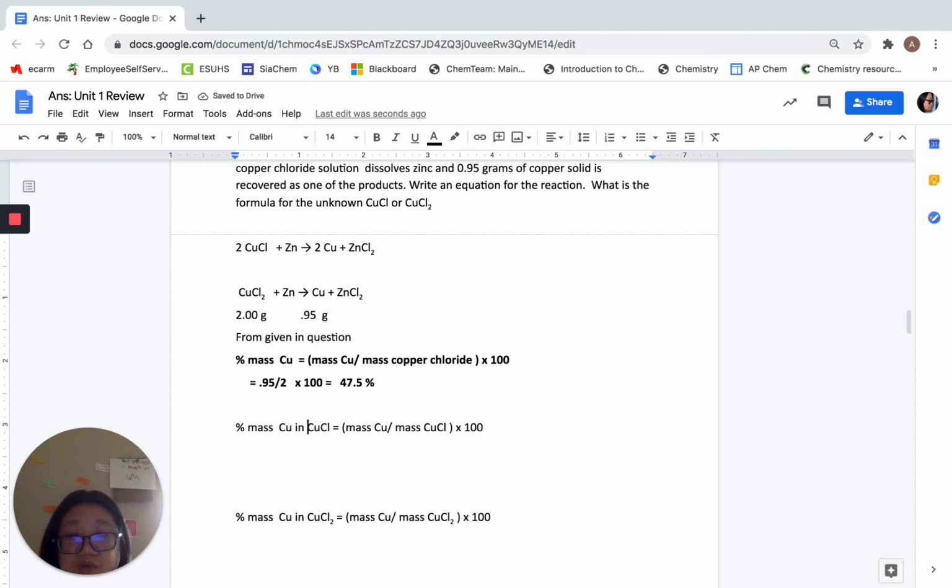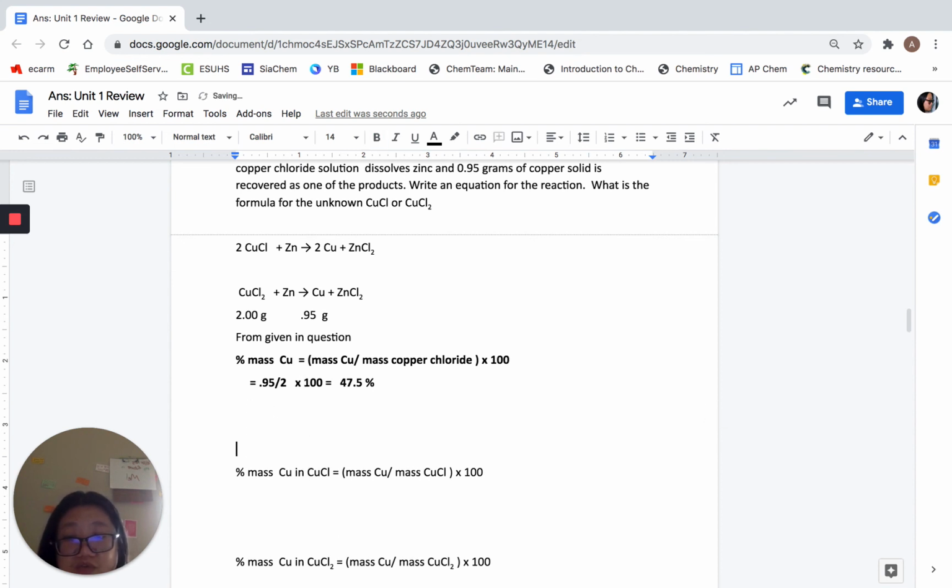These two, we're going to look up from the periodic table. So let's go ahead and figure it out. Cu is 63.55, divided by CuCl, which is 63.55 plus Cl, 35.45, and of course times 100.